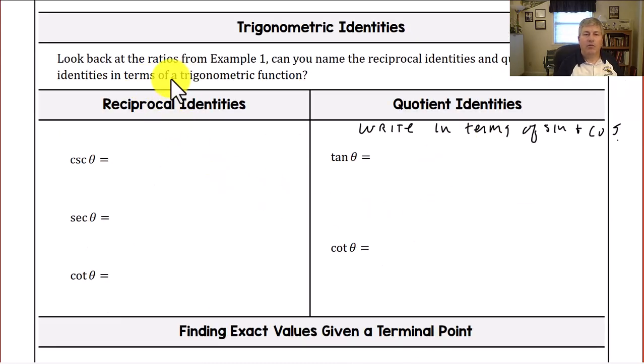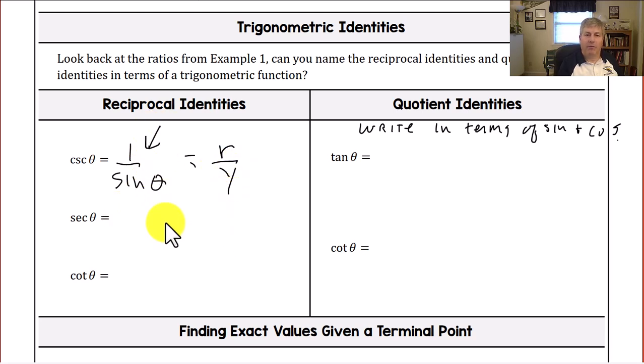In the next portion here, it says, can we name the reciprocal identities and quotient identities in terms of a trig function? Well, we just did that. The cosecant is 1 over the sine of theta. It will be helpful for you to know that sine is y over r, so the cosecant is going to be r over y.